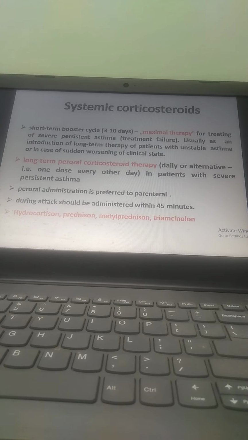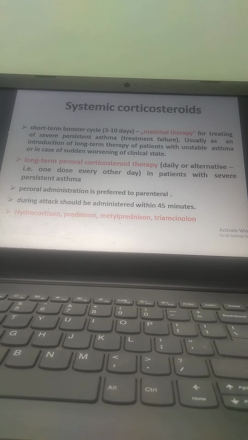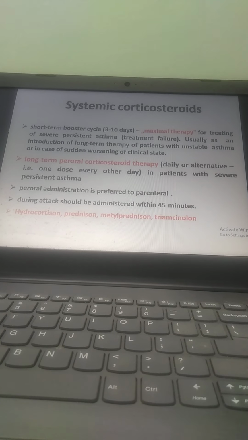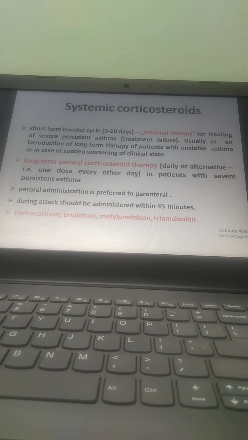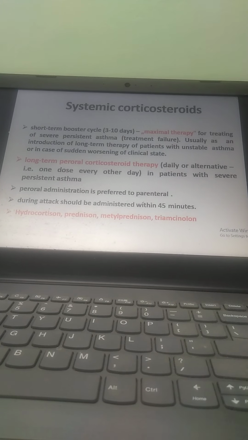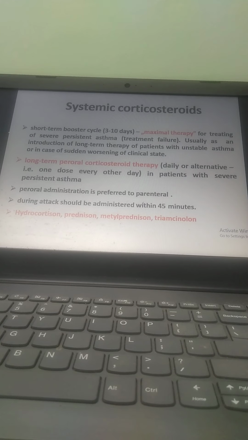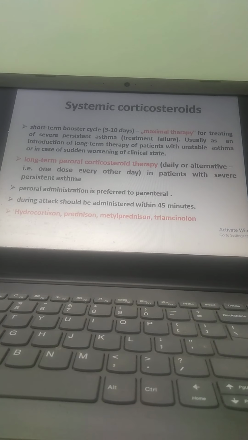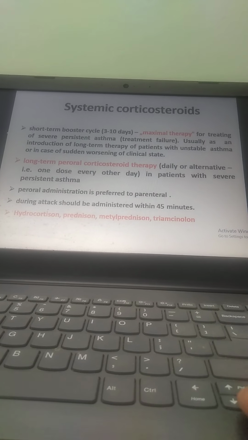Long-term per oral corticosteroid therapy is daily or alternate, that is, one dose every other day. In patients with severe persistent asthma, per oral administration is preferred to parenteral. During an attack it should be administered within 45 minutes. So hydrocortisone, prednisolone, methylprednisolone, triamcinolone are the different drugs given as systemic corticosteroids at the fourth stage.